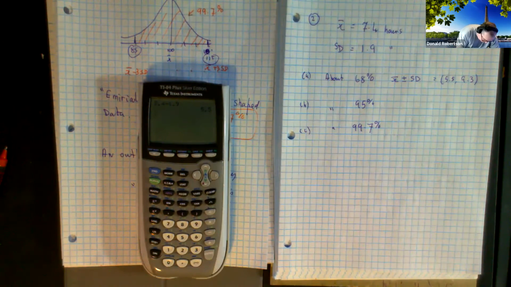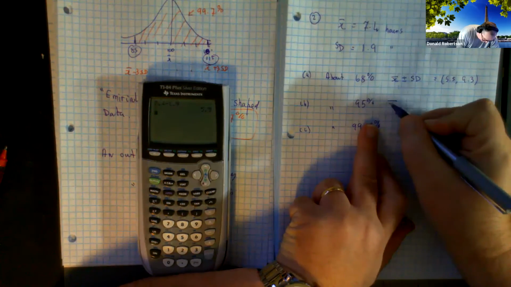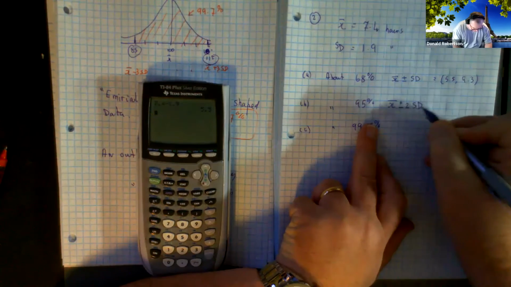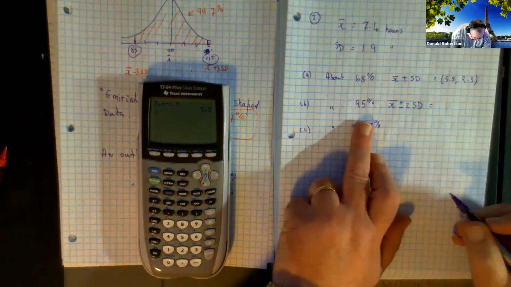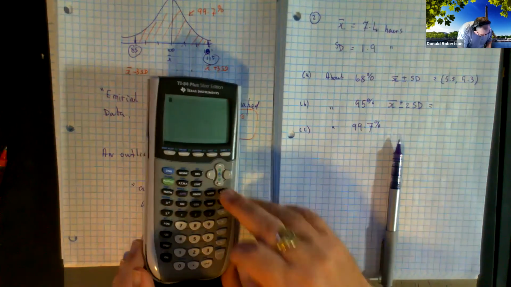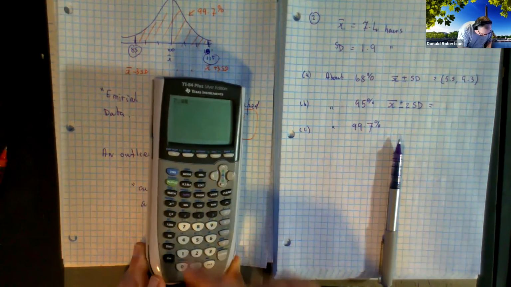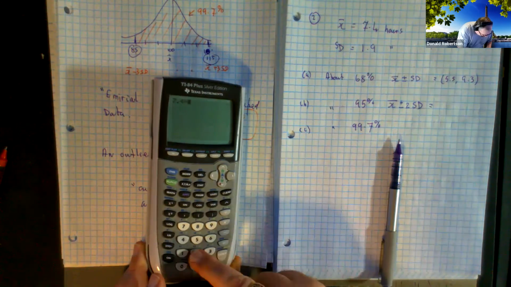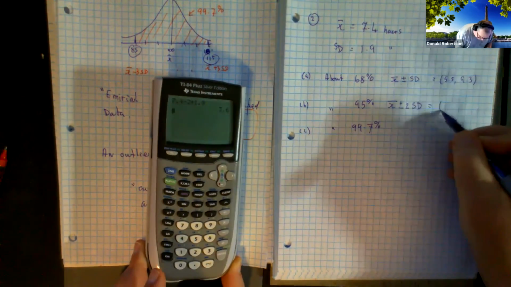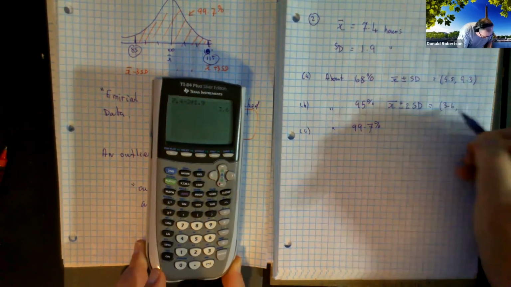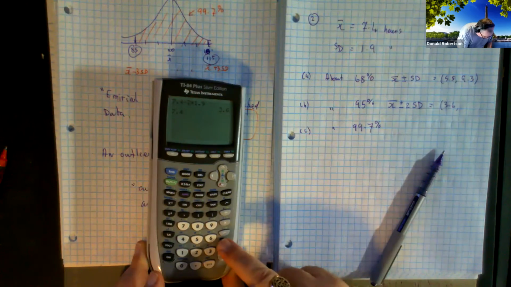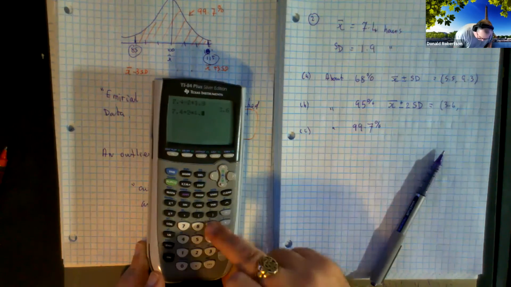Now, if you go to 95% of the data, let's see what that looks like. Well, that's the mean plus or minus 2 standard deviations. So I take 7.4, the mean, and take away 2 times the standard deviation. And that's 3.6. And then you take 7.4 and you add 2 times 1.9 and you get 11.2.